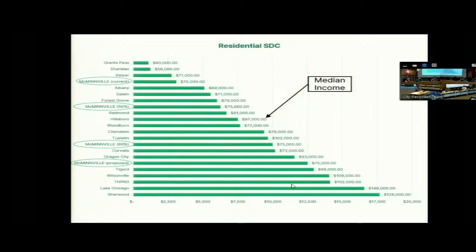Okay. So from my perspective, this gives us the range that I'm looking at in terms of what our folks can afford. It feels to me like we should be able to be in the ballpark of where Newberg is. And theirs are significantly higher across the board.